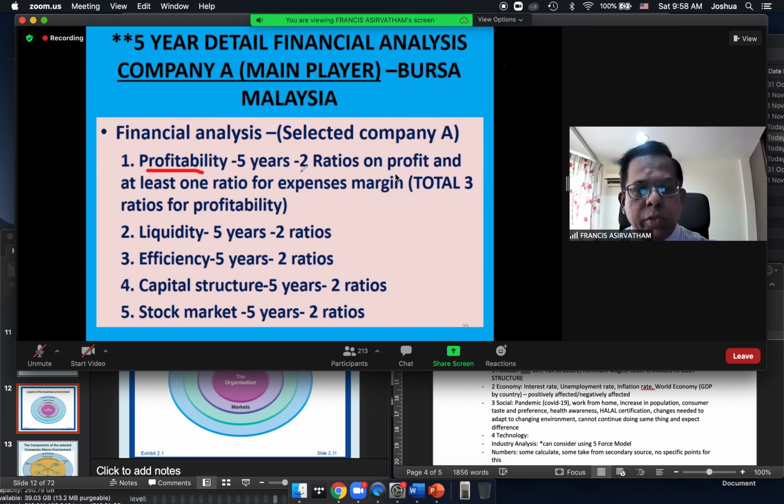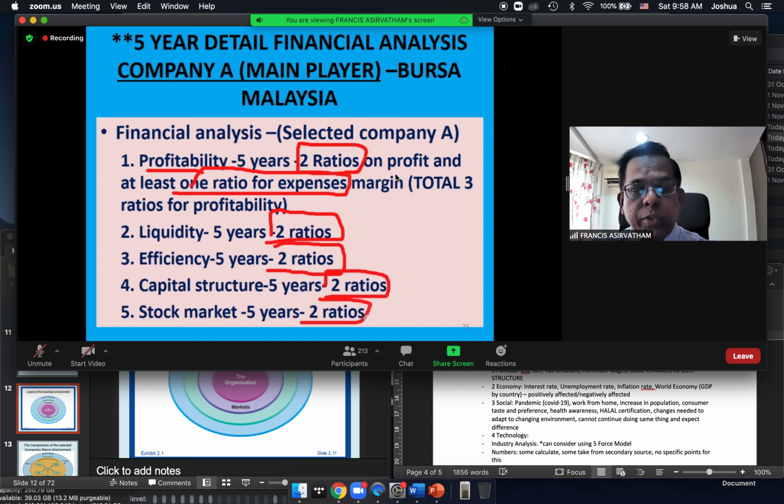And 1 or 2 ratios for expenses. This is already very clearly written. Liquidity, 2 ratios only. Efficiency, 2 ratios. Capital structure, 2 ratios. And stock market, 2 ratios. No more than 2 ratios required.